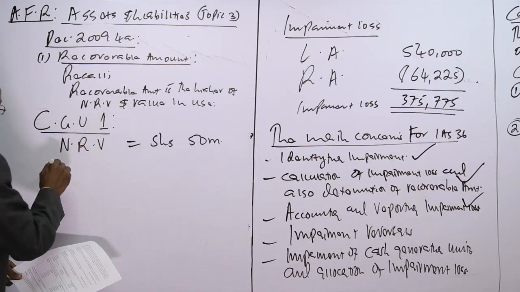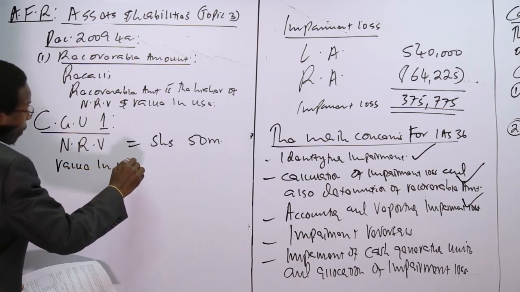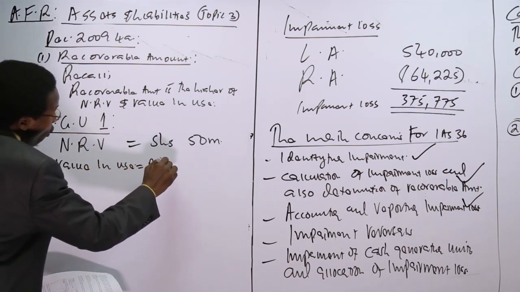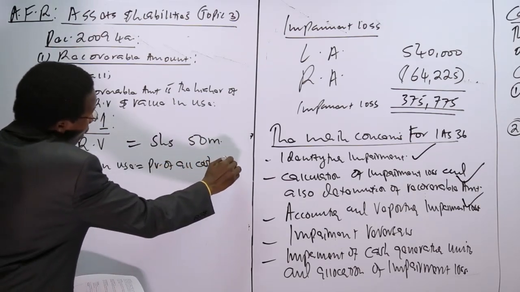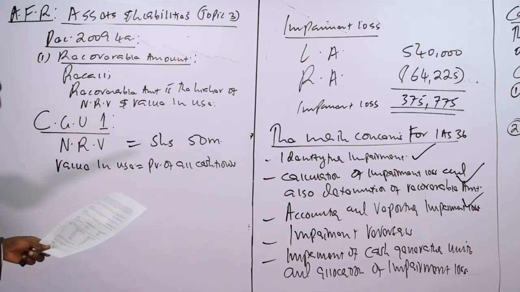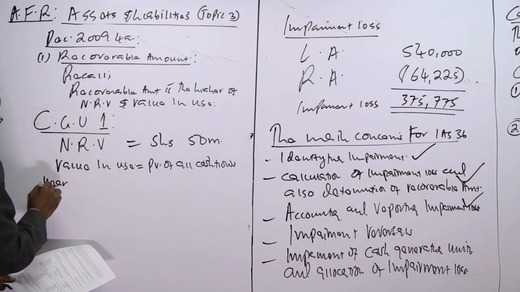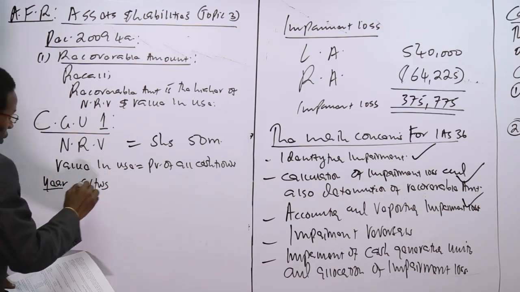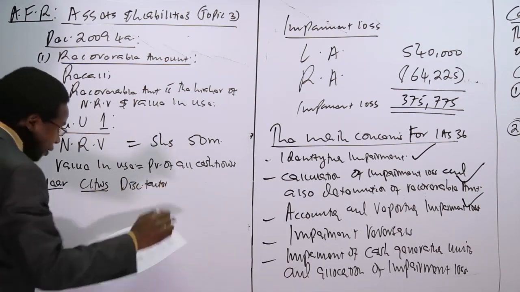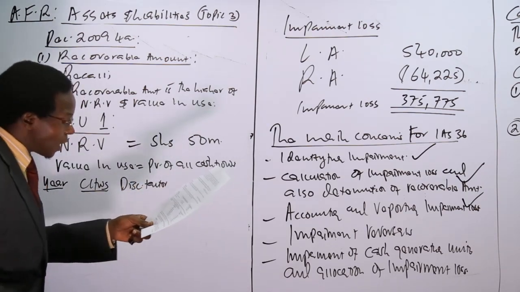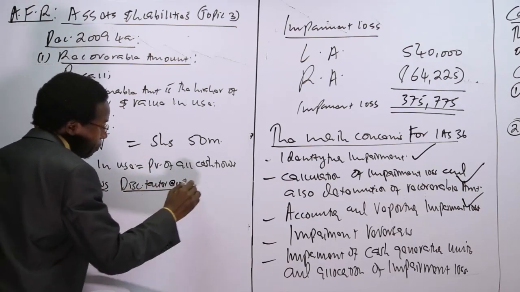So what will be the value in use? Value in use simply is the present value of all cash flows that will be expected from this particular asset. Let's just do that. We have the year, the cash flows, and the discounting factor at 10%, which is given, then we get the present value.